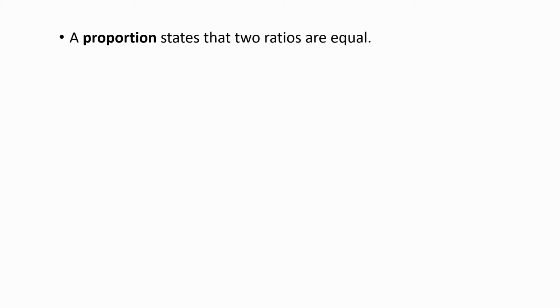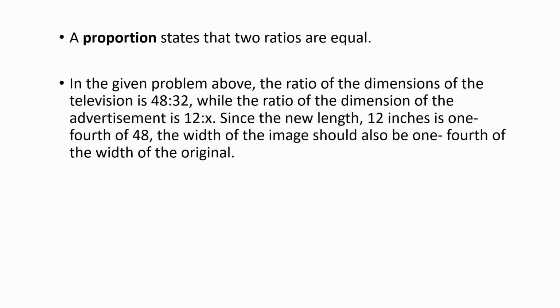Always remember that a proportion states that the two ratios are equal. Now, in the given problem, the ratio of the dimensions of the television is 48 is to 32, while the ratio of the dimensions of the advertisement is 12 is to x. So meaning we are going to find the width of the image.